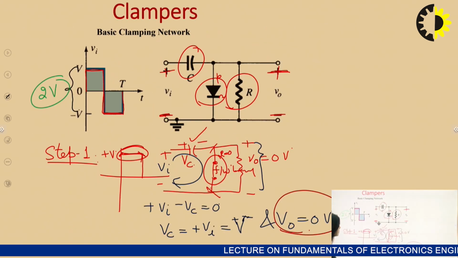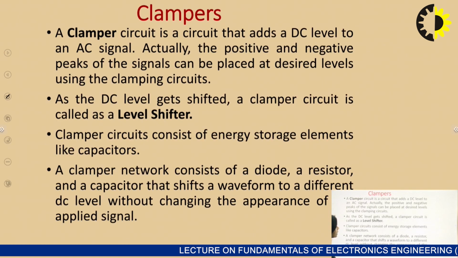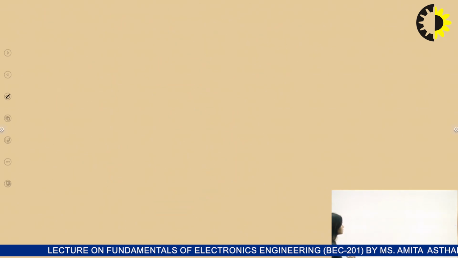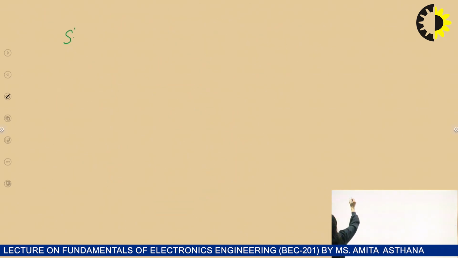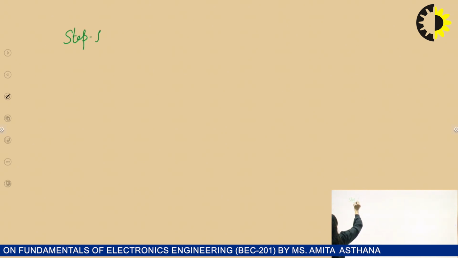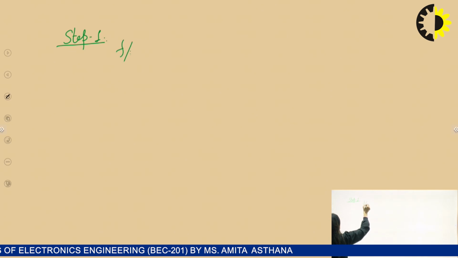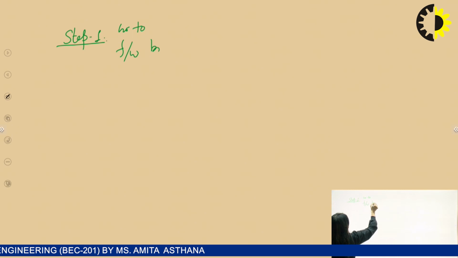So here again I am going to repeat these steps. Step 1. Go to the forward biased region.